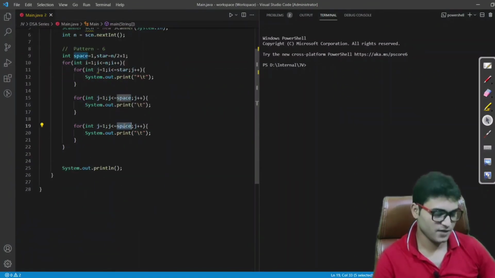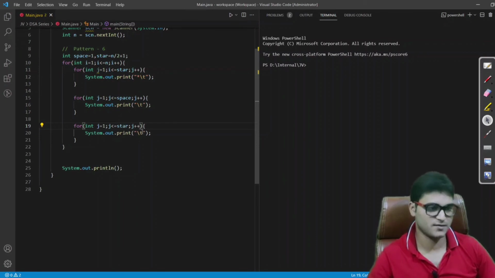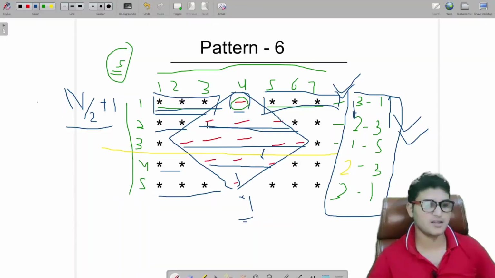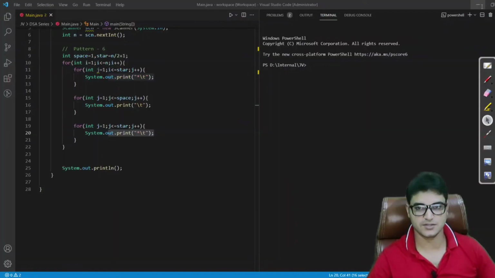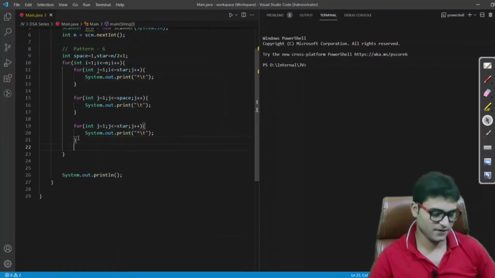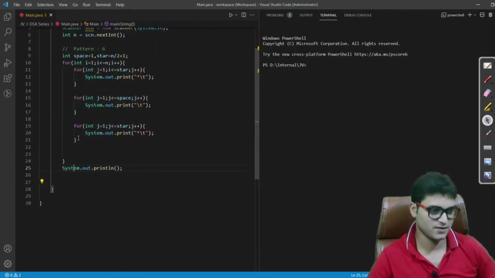And again after that we have to print the number of stars. As you can see, we have printed the number of spaces and the number of stars, in the same order which we had in the question. After that we just have to break a line, which we do outside of the loop.